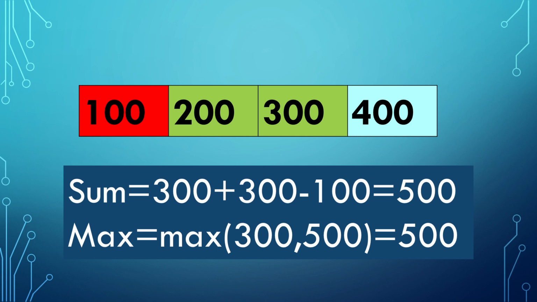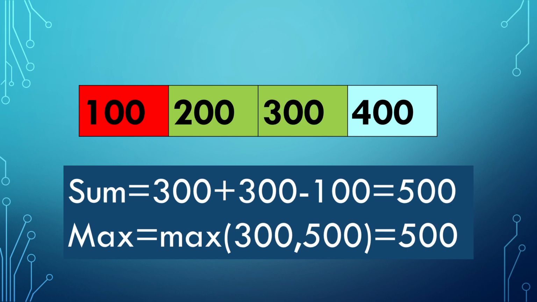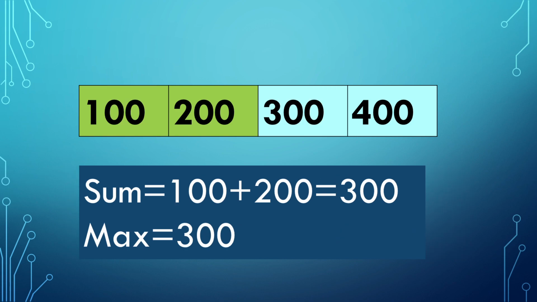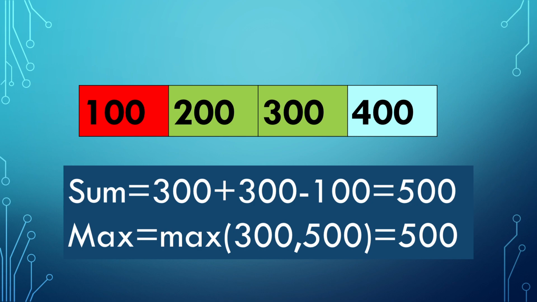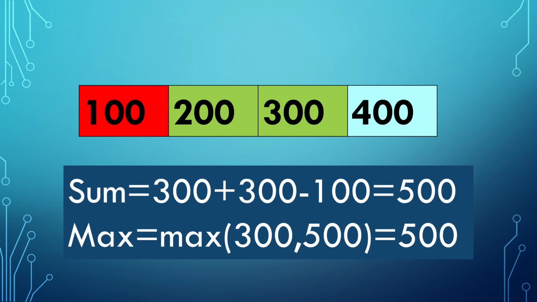That is, while considering 200 and 300, to the sum which is 300, we will be adding 300 which is the newest element and removing 100 which is the oldest element in the window. So hence 300 plus 300 minus 100 arrives at 500 as the sum. So our max will be the maximum of the already computed max result and the currently computed sum, which is the maximum of 300 and 500, which will in turn be 500 now.